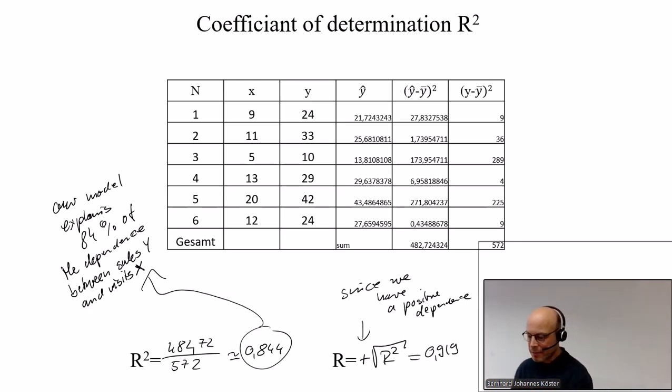And we obtained that our model explains 84%. And if this is good enough for you, then you have to make at first the decision, well, if the outcome is a coefficient of determination of at least 0.6, so 60%, then I will rely on this forecast. Then it's okay for you.